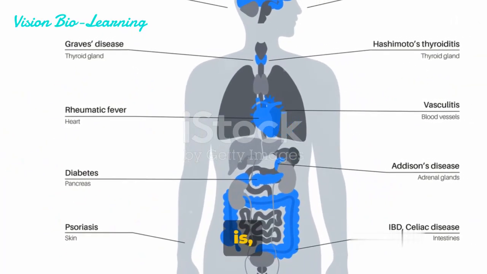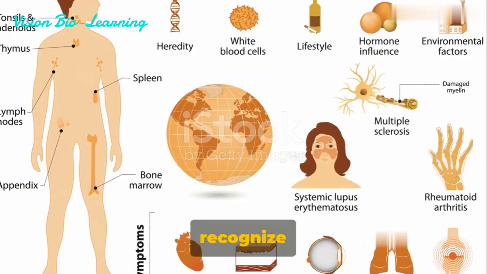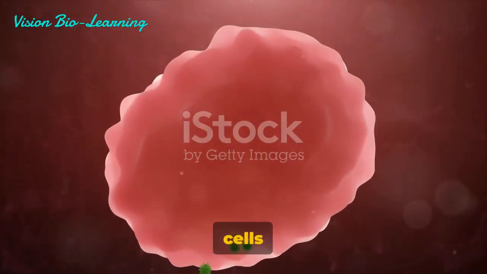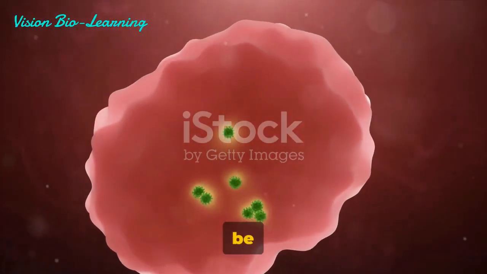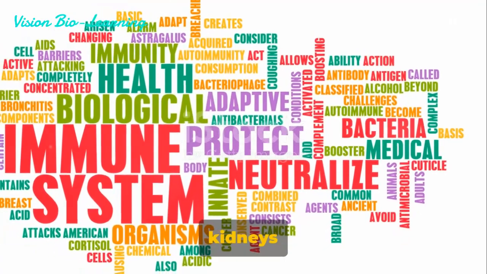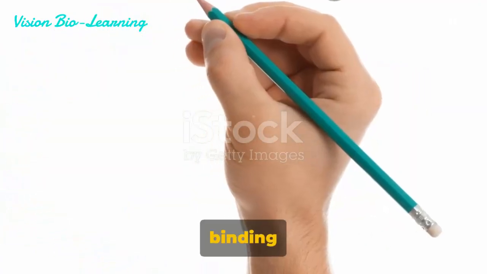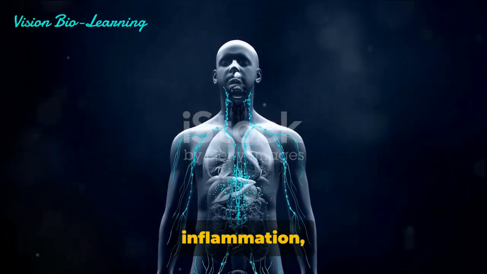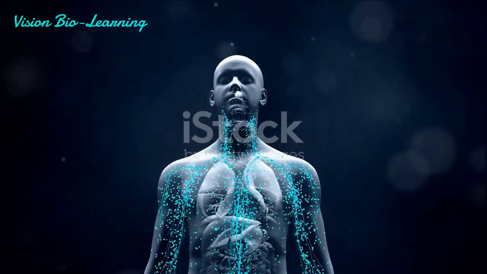Now, what happens is, these IgG antibodies recognize and bind to antigens present on the surface of our own cells or tissues. This could be anywhere in our body, from red blood cells to the cells in our kidneys or lungs. This binding triggers a series of reactions, leading to cell destruction, inflammation, or impaired cell function.